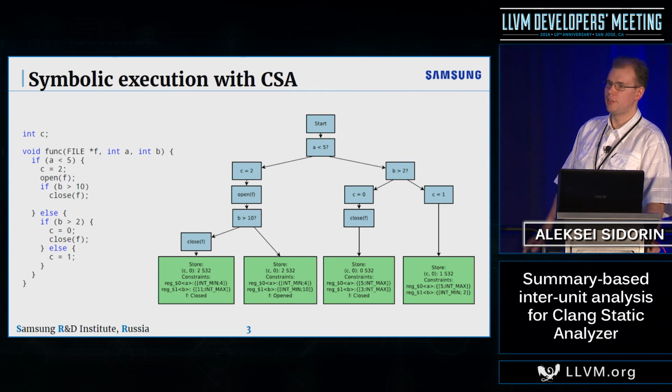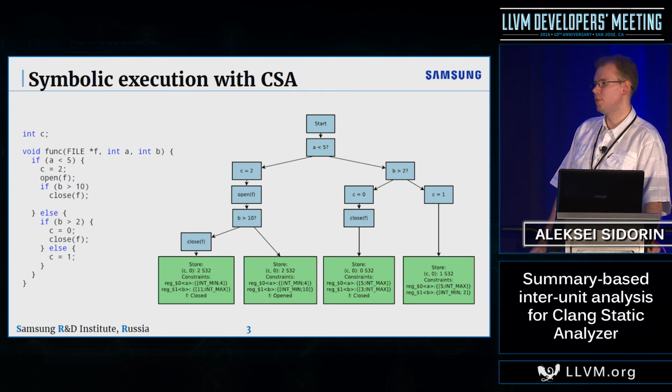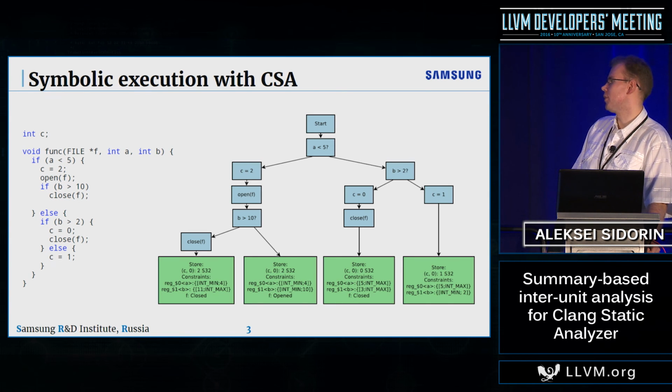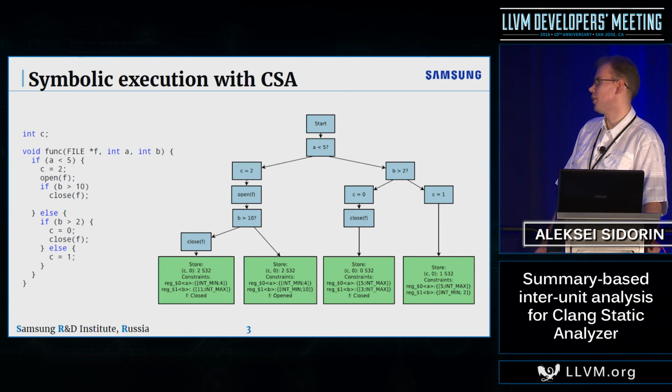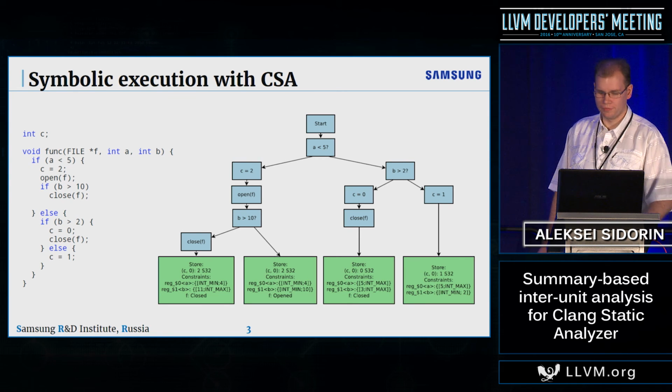Common samples are null pointer dereference, division by zero, or double close of a file descriptor. In our sample, the GDM contains the constraints which are put on symbols stored in variables A and B on different execution paths. And also in some execution path, it stores the state of descriptor F, which is modeled by, for example, a stream checker.